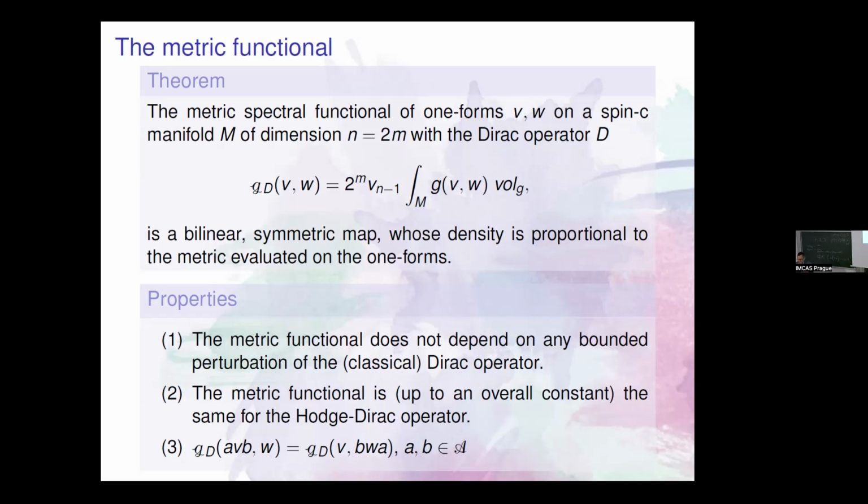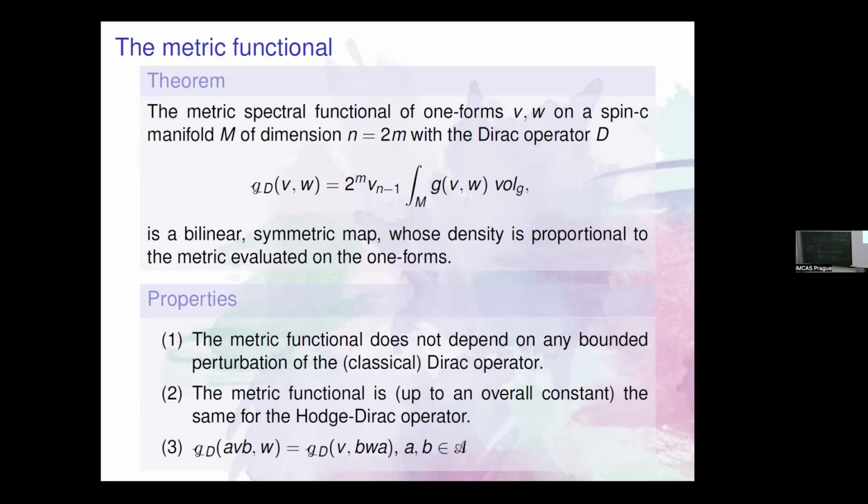So this is how you can reconstruct the metric tensor using just the spectral data of the Dirac operator. The right-hand side gives you the information of the metric tensor. And of course, this is local because these are one forms. One forms you can also localize around the point by multiplying by some function of support within a certain ball around this point.